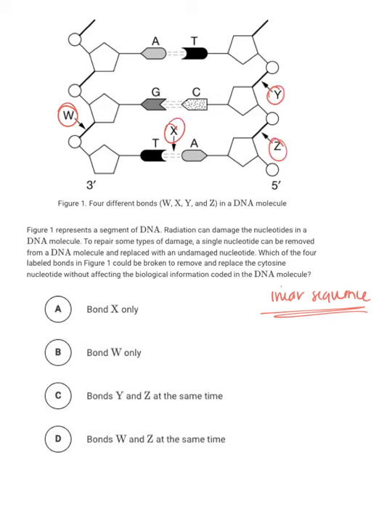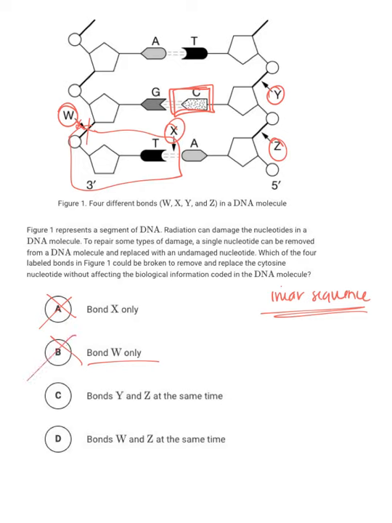So how am I going to remove this faulty cytosine without damaging the sequence? If I were to break this bond, bond W, is that going to help me? No, it's just going to break off of this nucleotide, and now we're going to have a mismatch, okay? So that affects the coding of the molecule.